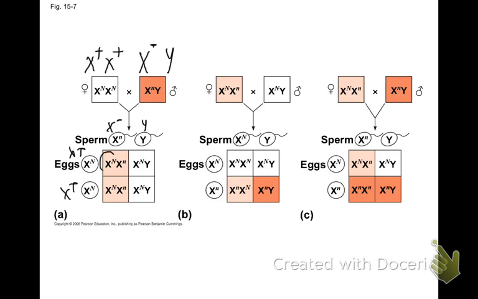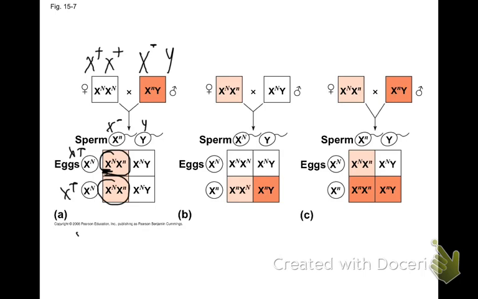So I'll have 2 daughters. If you see, they are not in a dark orange color, neither are they in a white color. They carry the gene, but they are not exhibiting the traits of that gene, because they have the other good X gene, which makes them seem normal.